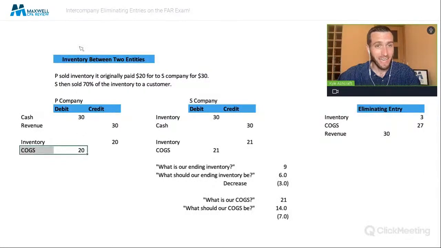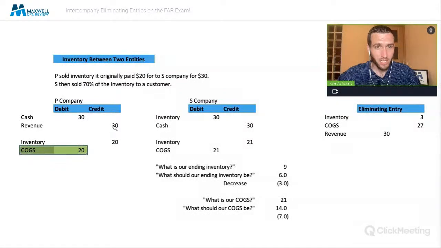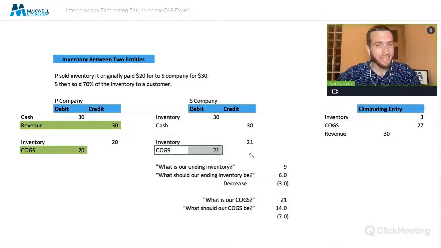So in other words, this entire $20 needs to be eliminated, just like this entire $30 of revenue needs to be eliminated. But this entire $21 of cost of goods sold does not need to be eliminated, because the entire $21 wasn't a related party intercompany transaction, because we actually sold it to a customer. We just recorded it for too high of a dollar amount.